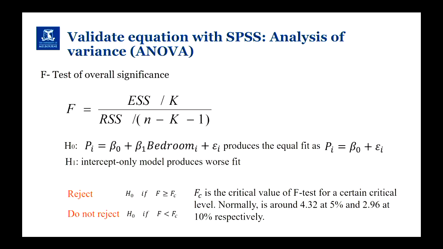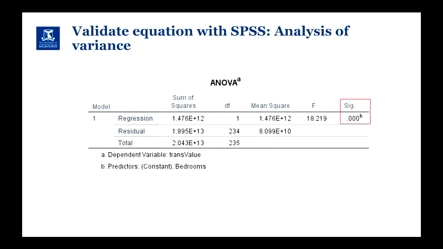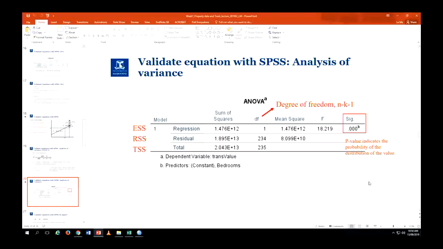Normally, if the value is higher than 4.32, we reject the null hypothesis at 5% significance, and if it is higher than 2.96, we reject it at 10% significance.